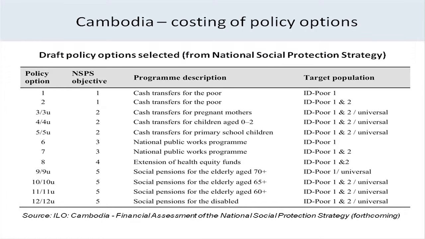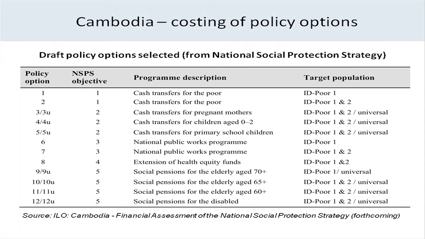Now you can see some of the benefits. For example, some of the scenarios, like 3, we have 3 and 3U, where we distinguish between the targeted scenario and the universal scenario. So 3, for example, is only for the poor.